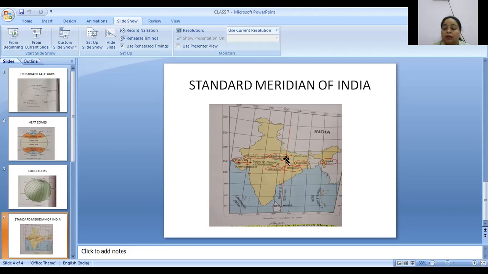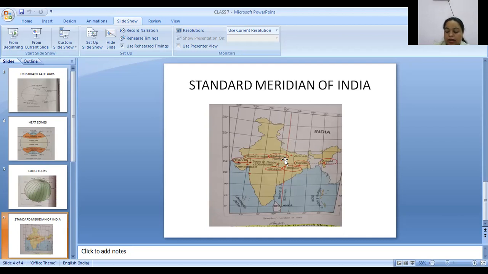Whatever the standard time is in Allahabad has been taken as the time for all over the country. This is called Indian Standard Time.